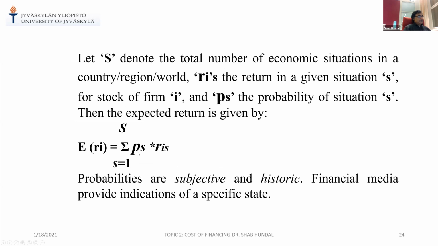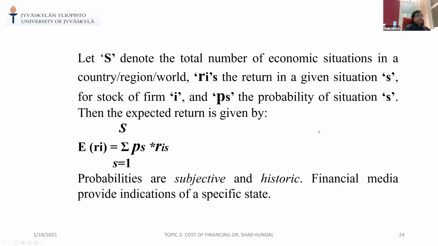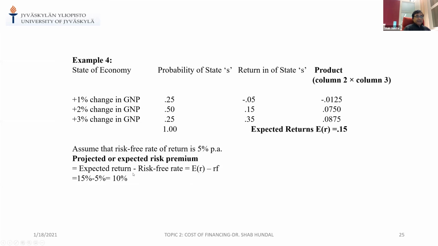We know the probability in each state, and the return the company earns in each state. When we multiply them and add them up, that comes to be the expected return. If you look at the formula, it looks very scary, but when you apply it, it looks comparatively easy, I would say. So this is the expected return, 15%.